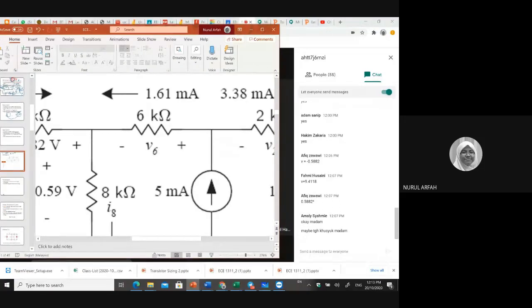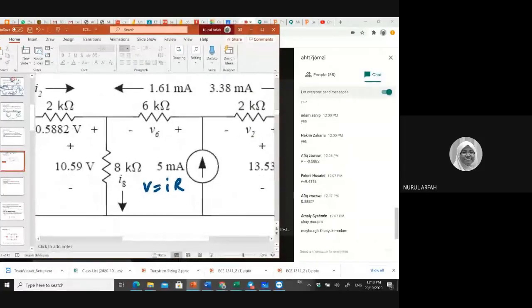Apply Ohm's law. Okay. And then what is I? The value of I. You can write down in your chat box. I know maybe some of you already went to sleep. Or are you in your cafe?